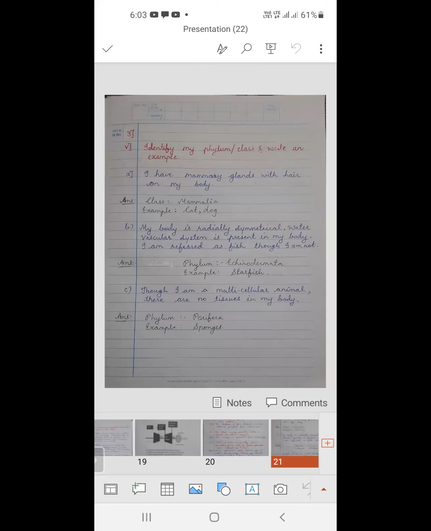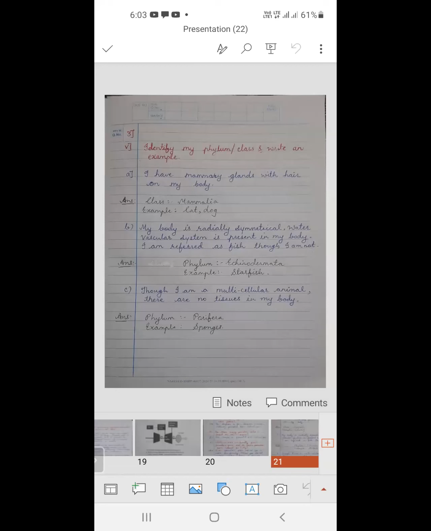If the body is radially symmetrical, it is easy to identify the example as starfish, because starfish has radial symmetry, where the body can be divided equally.